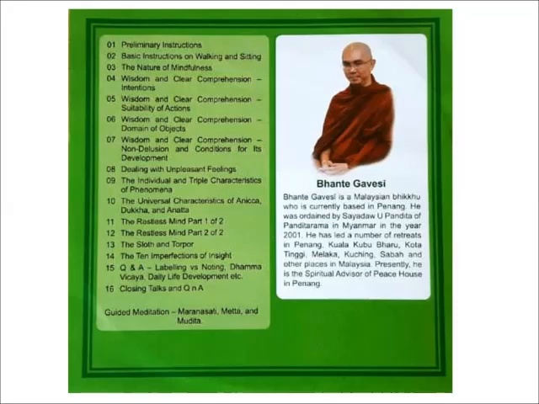And you can see how they arise when the condition is there, and when the condition is not there, how they disappear. So here, many of these objects fall under the four foundations of mindfulness. So these objects can be directly known.